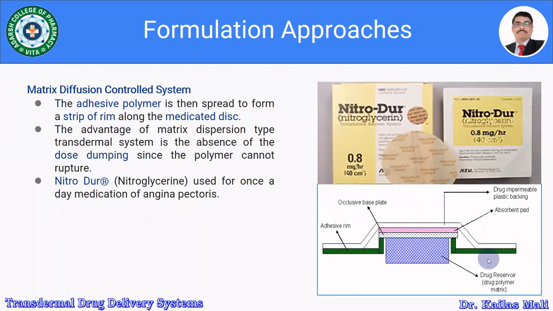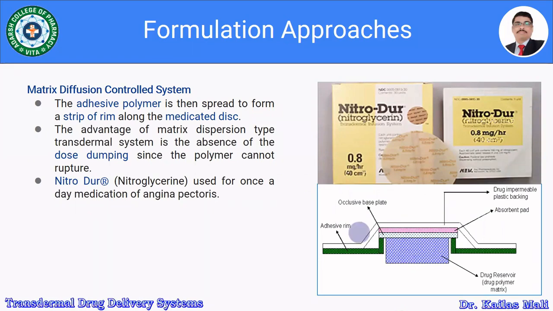The advantage of the matrix dispersion type transdermal system is the absence of dose dumping, since the polymer cannot rupture. There might be chances of dose dumping in the case of a reservoir system because we enclose the liquid in the membrane.